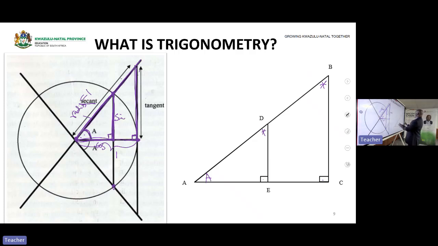We can apply the concept of proportionality. What then is proportionality? Proportionality is the equality of what? Of ratios. So that's why it was important for us to understand what a ratio is, which can be expressed as A over B, which can be expressed as A is to B. So please be careful of that one.